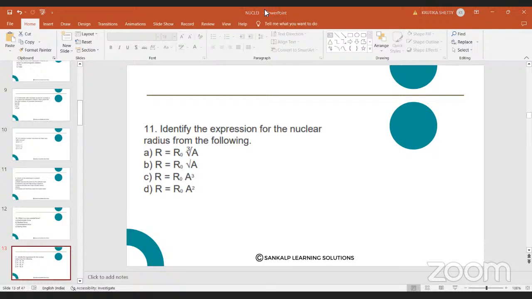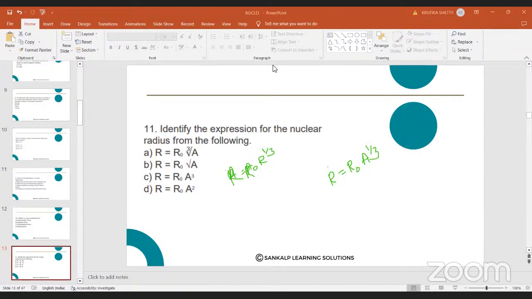Harshita, mute yourself. Yes, it is A or B. See here, students, the relation is given by R is equal to R naught A raised to 1 by 3.